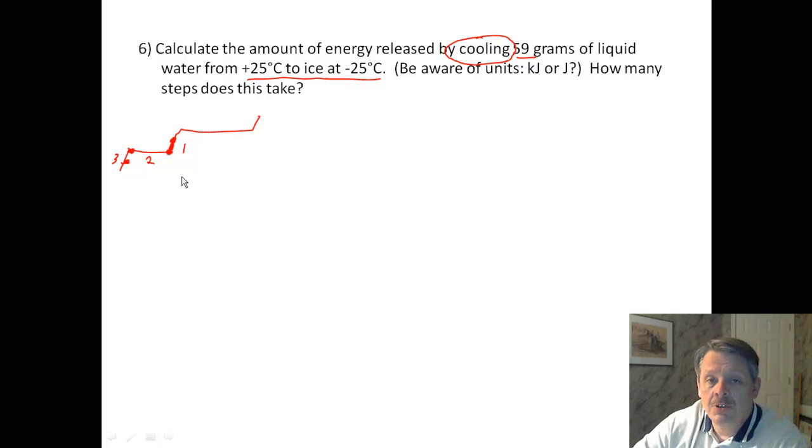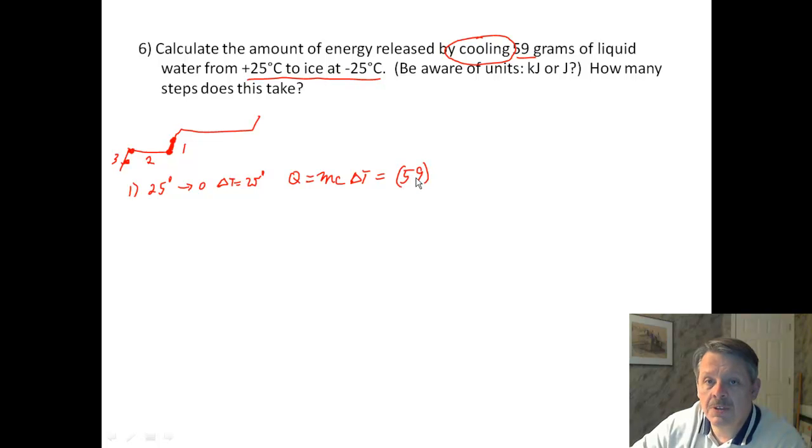So my step 1 is going from 25 degrees Celsius down to 0. All right? So my delta T is equal to 25 degrees. So I do Q equals mc delta T. My mass is 59 grams.